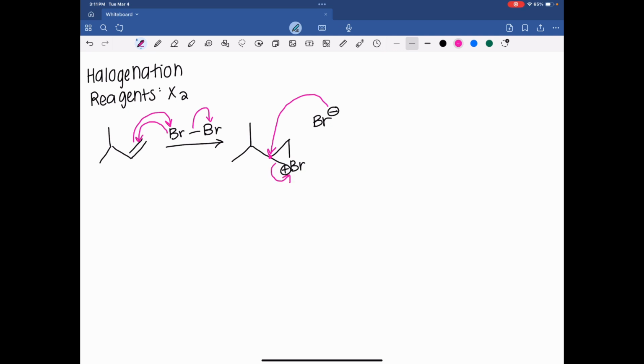If you have a hard time visualizing this, something you can do is just erase this bond. It makes it a little bit easier to visualize with this bromine attaching to this one and this bromine being attached to this outside one.